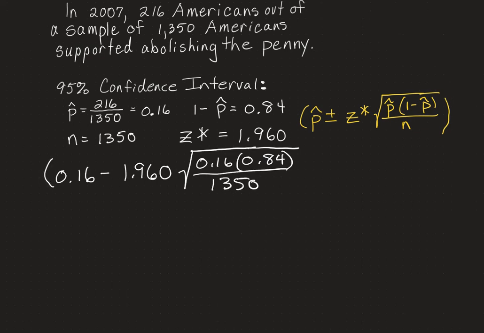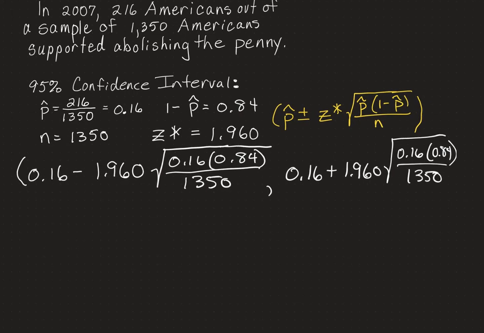That's the lower bound. Okay, the upper bound, I'm going to have to write this a little bit smaller, will be 0.16, our p hat value, plus our z star value times our standard error, 0.16 times 0.84 over 1350.